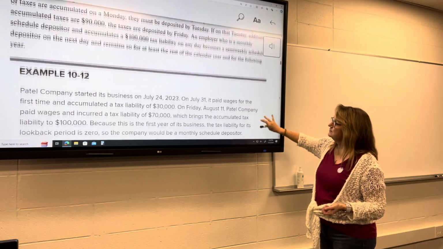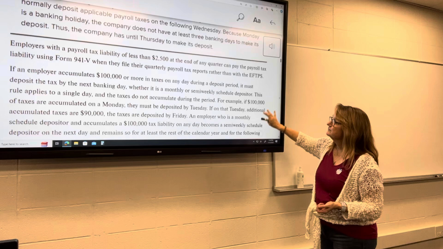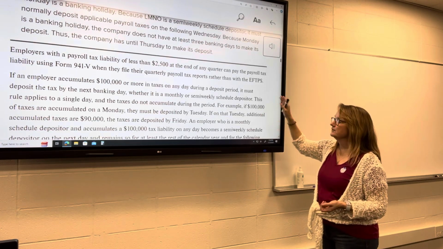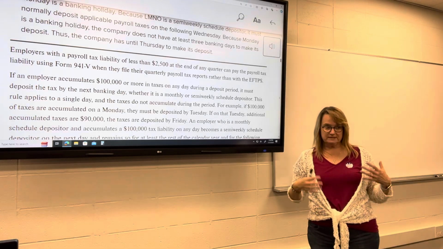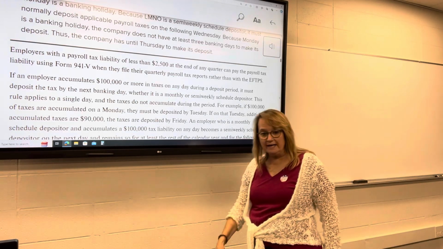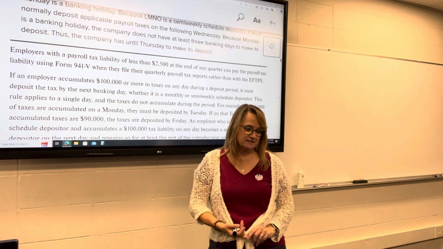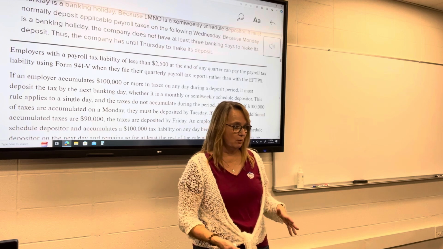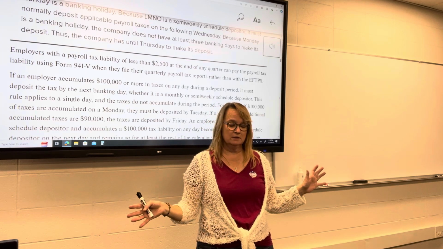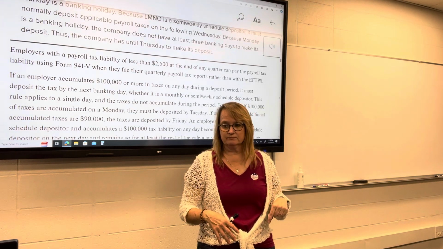If on any one payday they accumulate a payroll tax liability of $100,000 or more, this could be a one-off, or it could be a regular occurrence. If that's the case, then they have to deposit by the next business day.